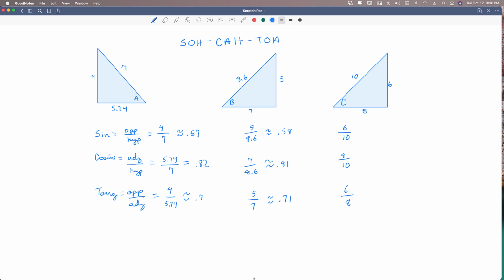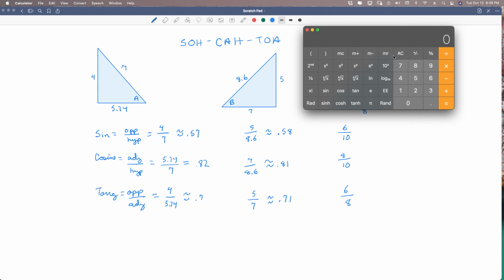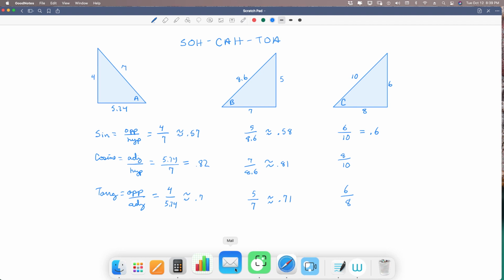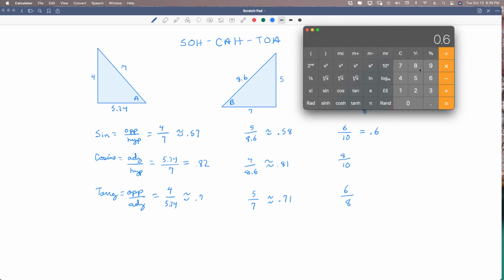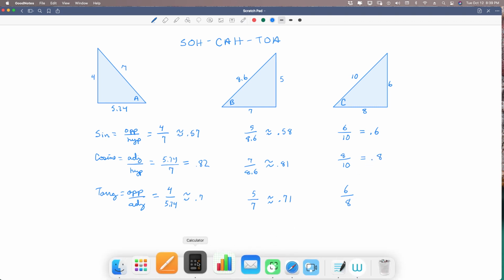Okay, so let's do 6 over 10 first. I have a pretty good idea what that is. 6 divided by 10 is equal to 0.6. It's equal to 0.6, so we can put an equal sign. It's not rounded. When it's not rounded, you can use the equal sign. Okay, 8 divided by 10 is 0.8, so equals 0.8, because we did not round anything.